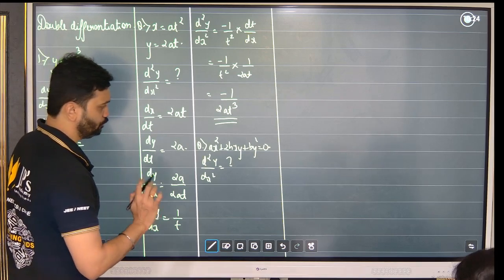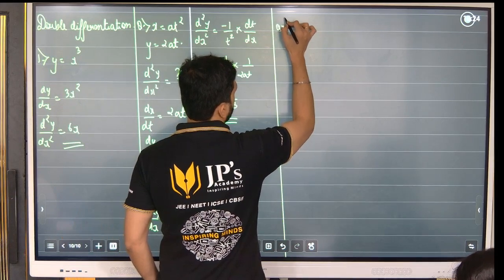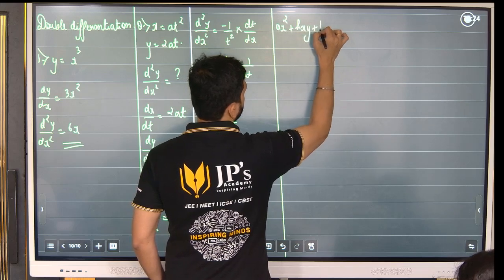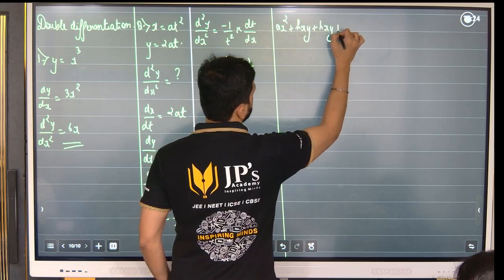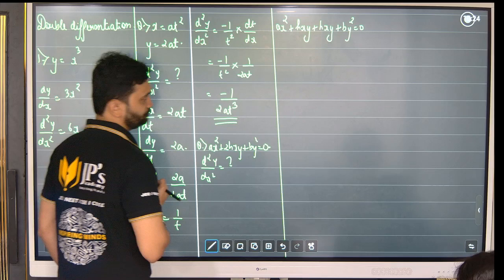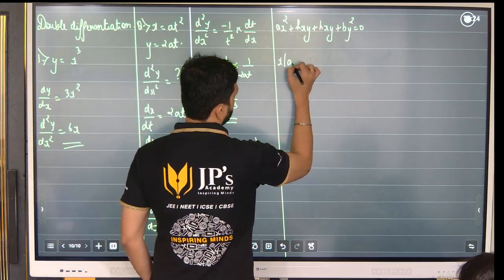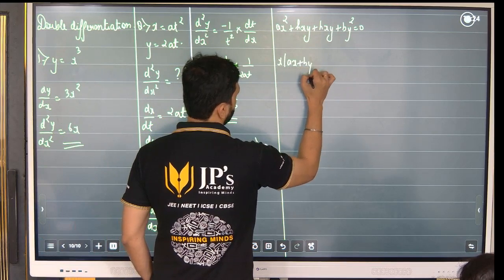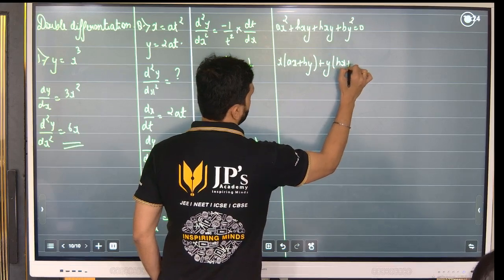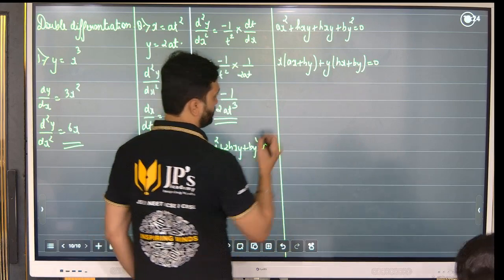How are we going to start with this? First of all, ax square plus hxy plus hxy plus by square is equal to 0. I take x common, ax plus hy, plus y common, hx plus by is equal to 0.